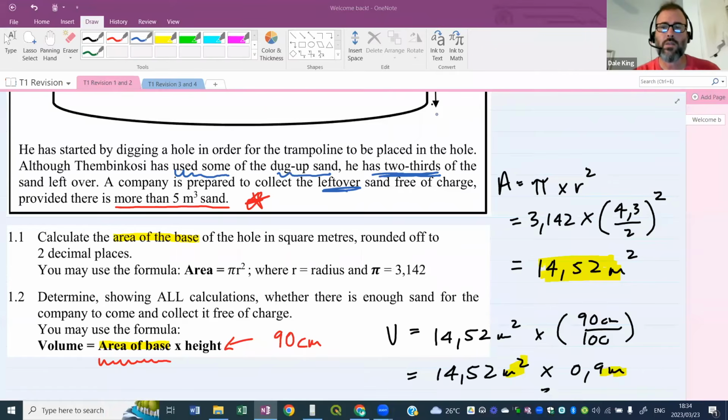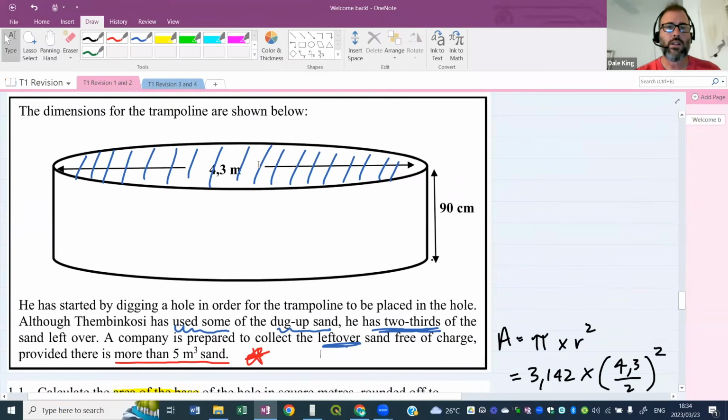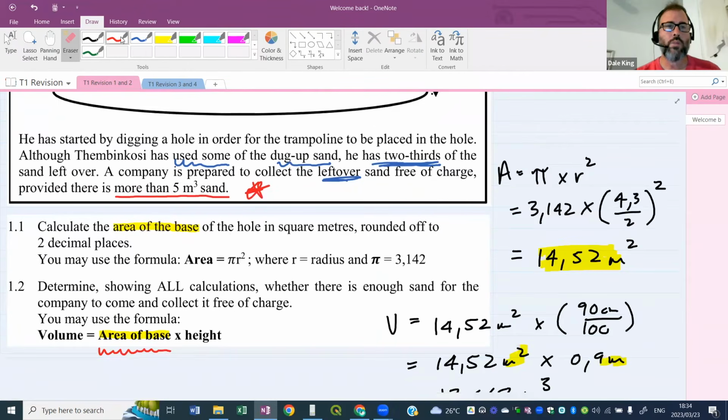The 0,9. Good, Janu. All right. So the 0,9 that we used, the formula said, if we look at the formula over here, okay, the volume equals area of base times height. The area of the base is the circle that we calculated at the top there. We calculated that in question 1.2. So if we look at question 1.2, area of base, we worked it out as 14,52. They just want to know, you got to multiply that by the height.